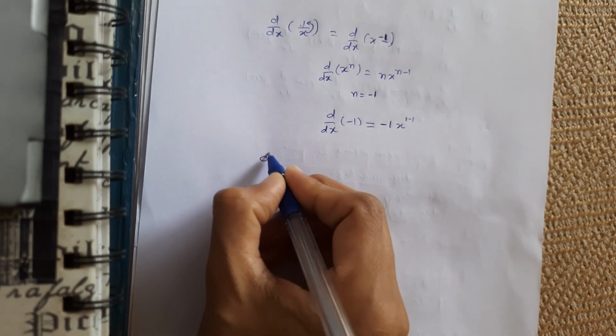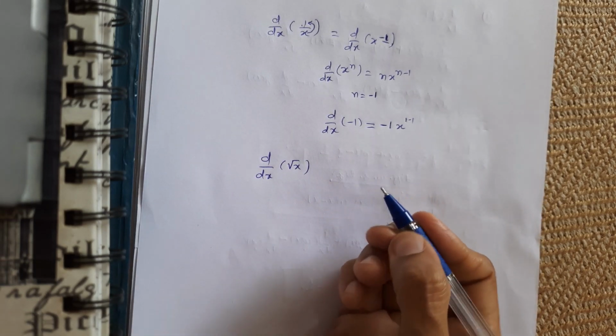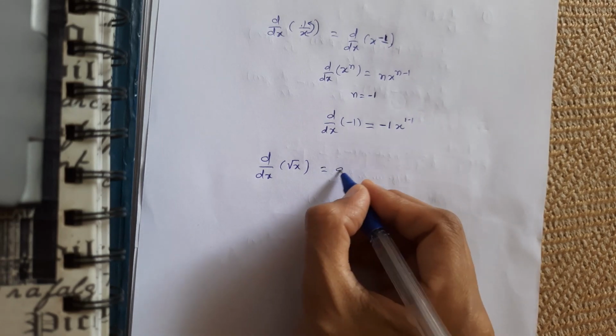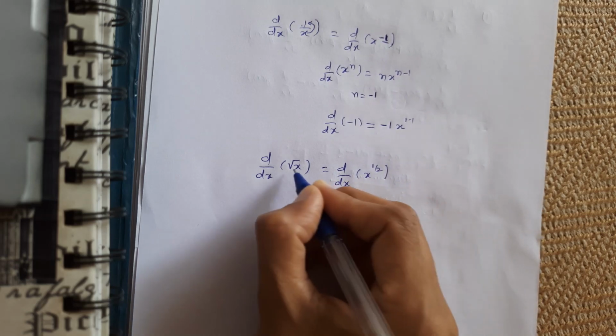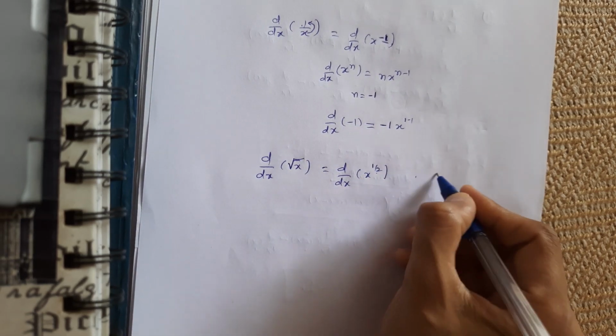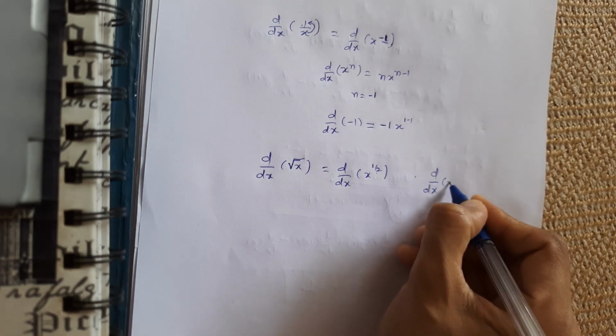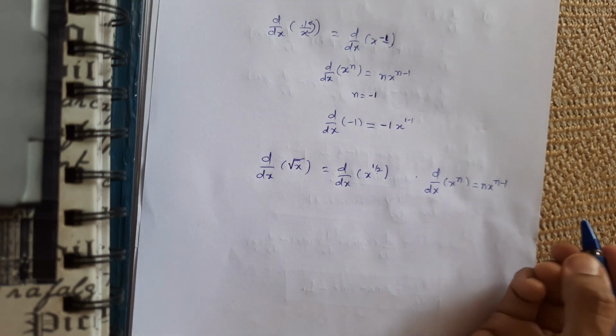Okay, so I want to find the derivative of root x. Root x is nothing but d/dx of x to the power 1 by 2, right? The root means power 1 by 2. Now this is the standard form of x to the power n, whose derivative is n x to the power n minus 1.